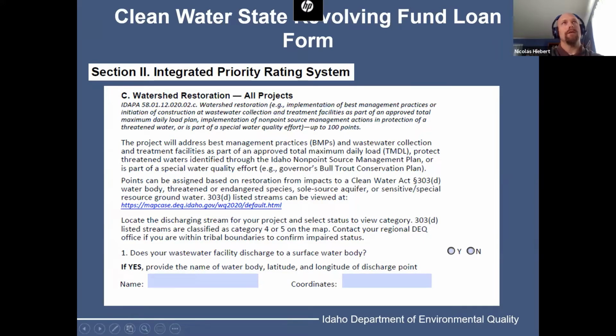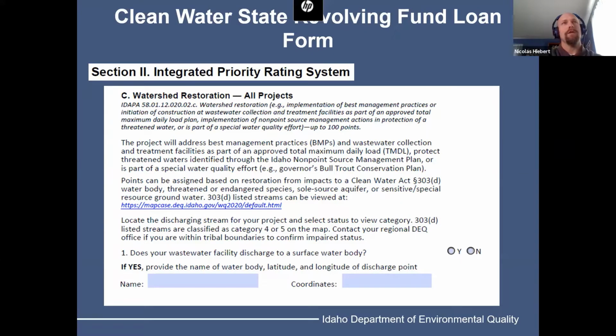And you can see right there under the bullet item C is a rule reference to the criteria of how we are allowed to rank this criteria, and we're allowed to give up to 100 points. As we dive into the details, and just as a caveat, there will be no quiz or test at the end, so you can tune me out if you find this less than interesting.